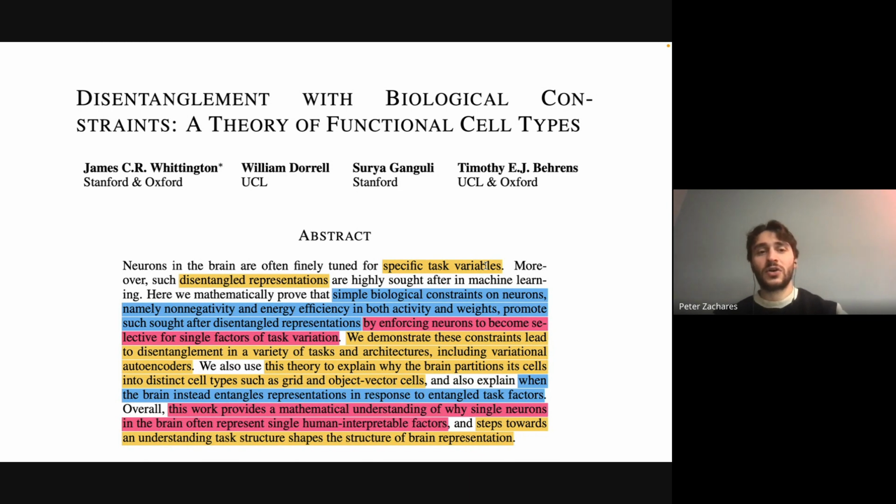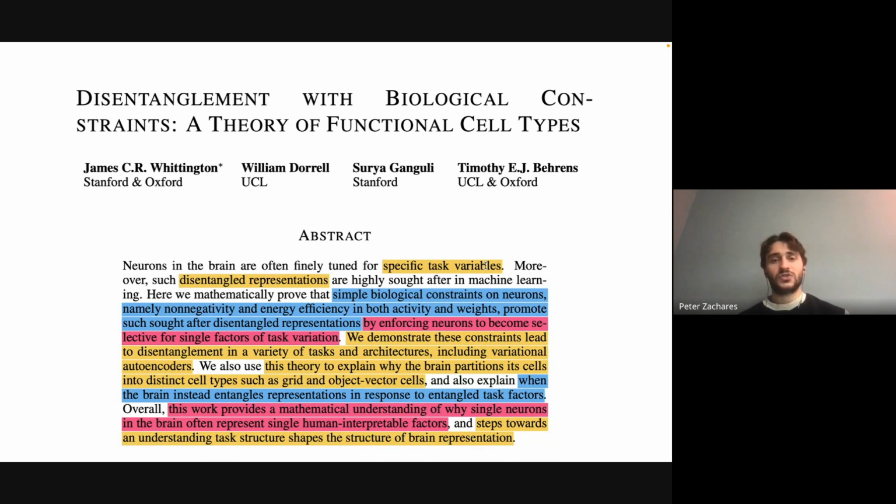Then they go on to show in practice how even when you take away some of the strong assumptions they make in their proofs, they still see disentangled representations being learned. And then they apply all of this to neuroscience to explain some of the phenomena that we see in neuroscience that we couldn't provide an explanation for.